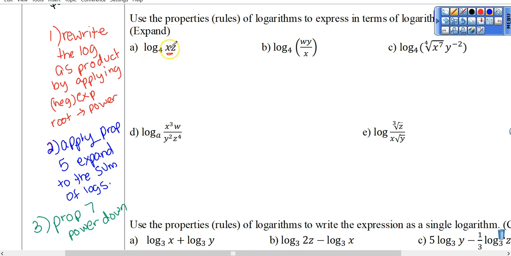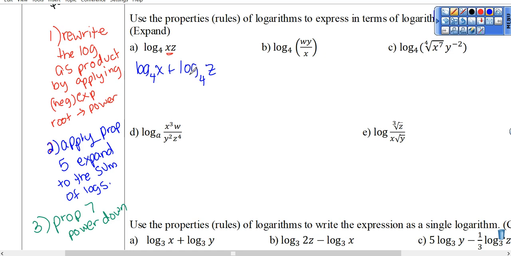It's already the log of a product. So I'm going to apply property 5 and expand to the sum of log base 4 of x plus the log base 4 of z. So they're their very own logs. And then step 3 is to power down. But both of these logs are being raised to the first power, so there's no reason to bring the 1 down. So that's done. That one was very basic.